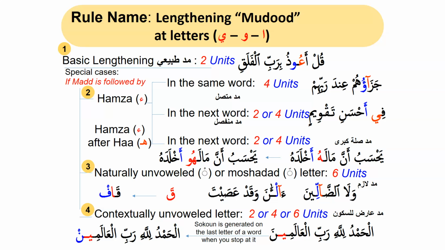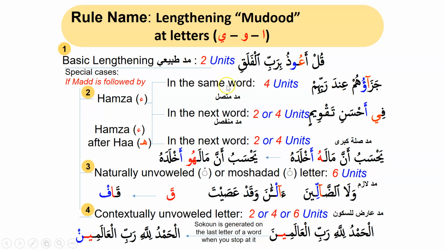But we told you that to be a مد طبيعي, it needs to be not followed by hamza or sukun. But here we find the hamza, جزاء. So here we find a candidate مد طبيعي, but it has been followed by hamza. So now it is no longer a مد طبيعي. It is another rule, a branching of مد طبيعي.